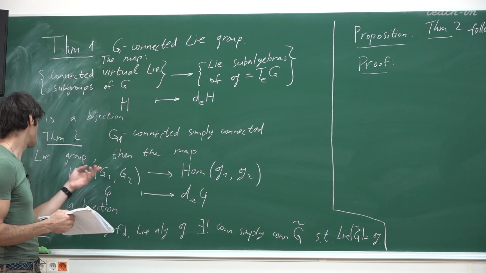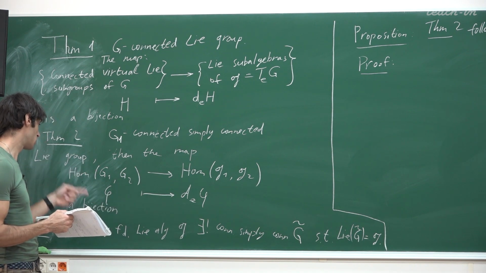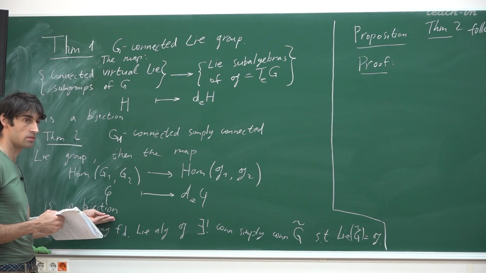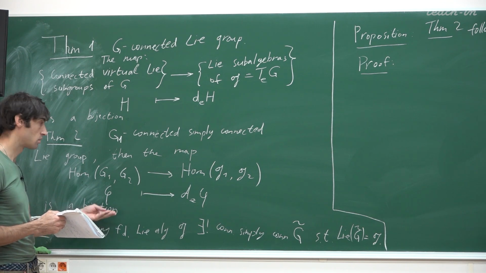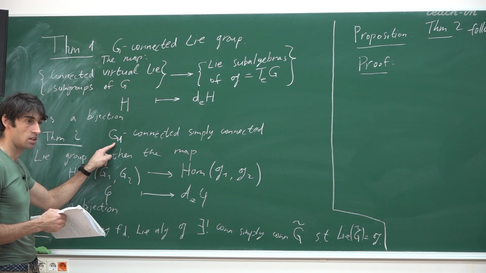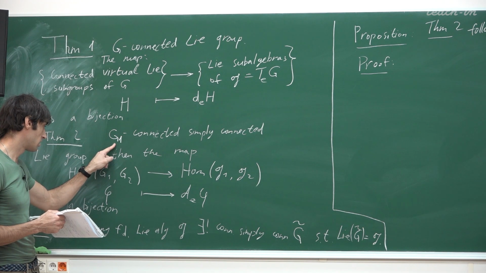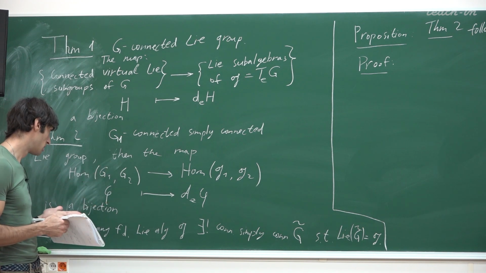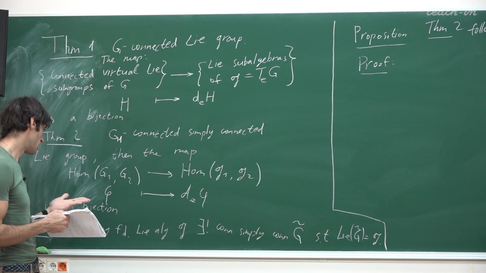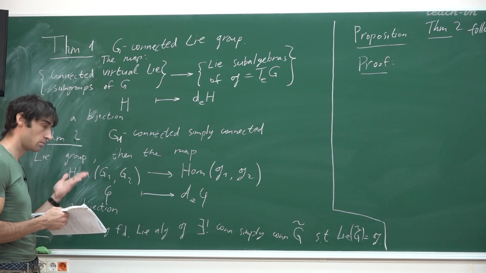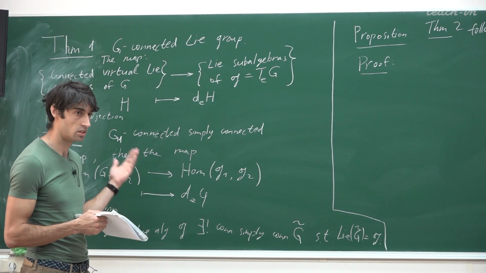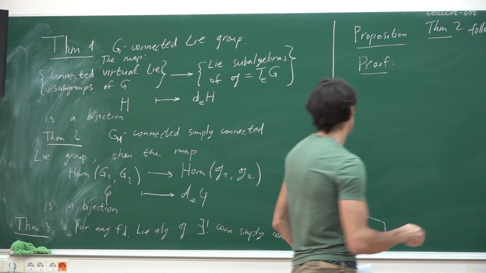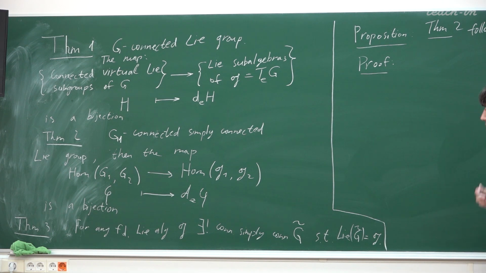And we know that, first of all, in theorem 2, we know injectivity, right? Because G1 is connected, and we proved last time that a homomorphism from a connected Lie group is defined by its differential at identity. So injectivity we know, so we need to prove surjectivity.